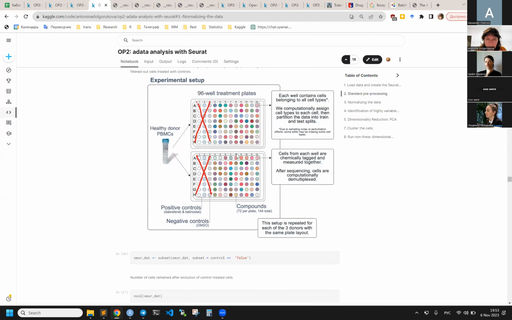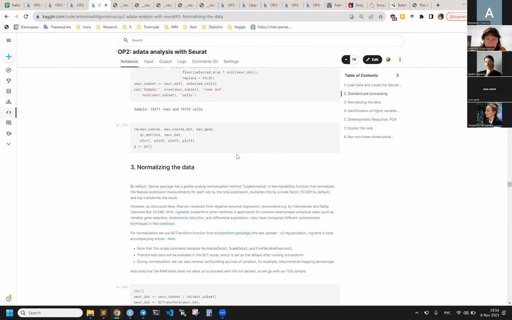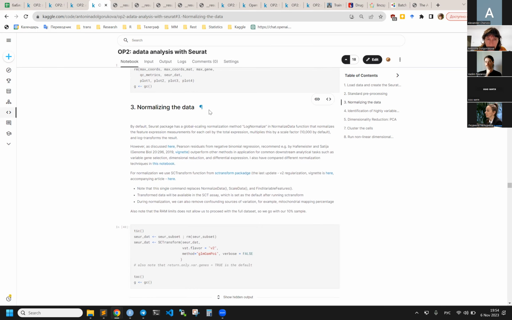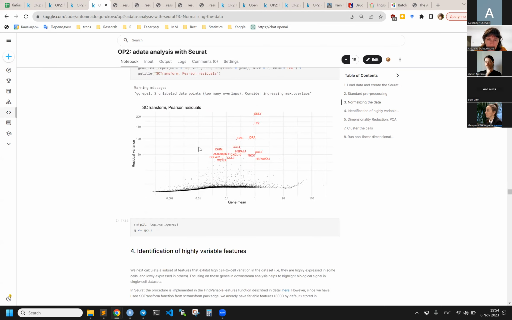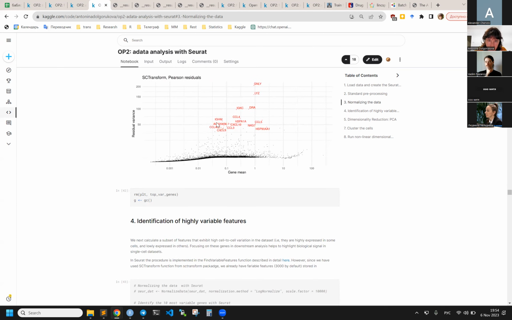But here, by finding highly variable features, we can see which genes are differentially affected by our drugs, which may be quite useful in the modeling to solve our problem in this competition. To do this part of the analysis, we first need to normalize the data, because now we have raw counts. I will skip this part and show that the normalization was quite good, with just a few outliers here.